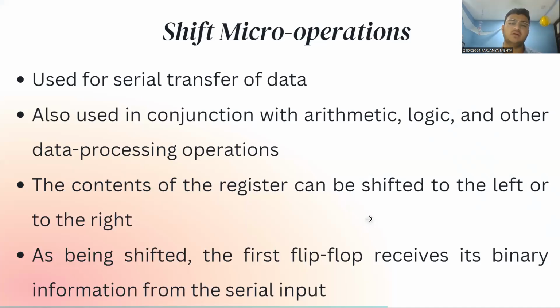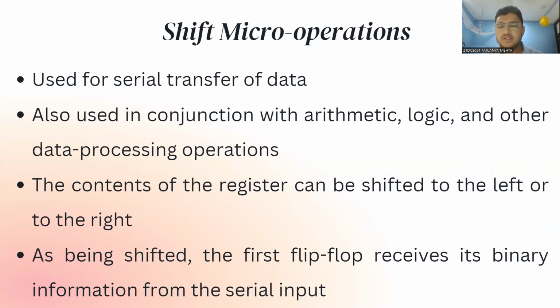Next, we have shift micro operations. This is the main topic of micro operations. The shift micro operations are used for serial transfer of data. Serial transfer here means bit by bit transfer of data. If the data is stored in binary form, it will transfer the data bit by bit to another register.